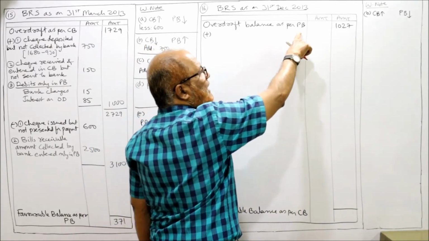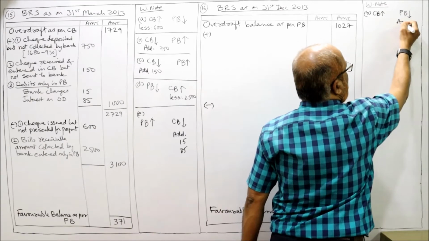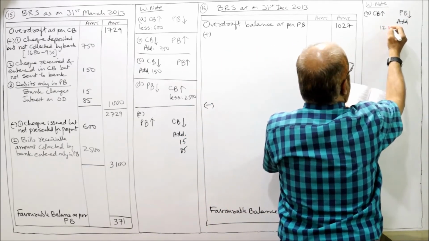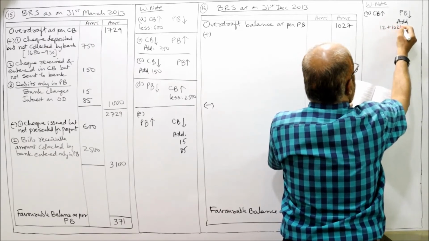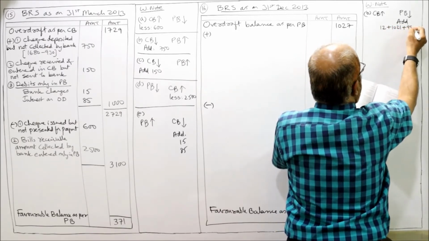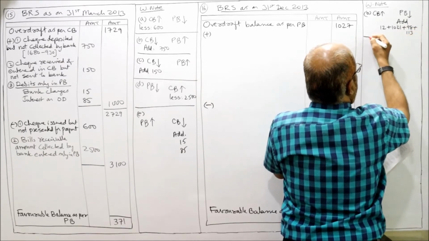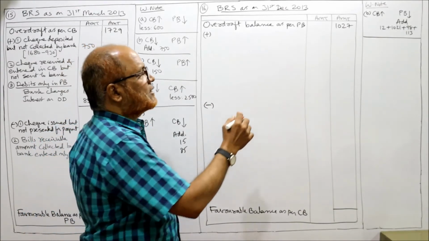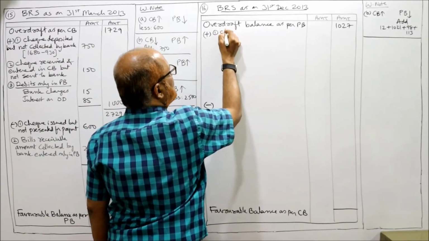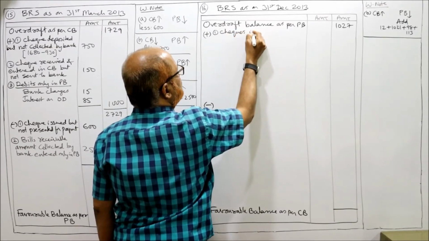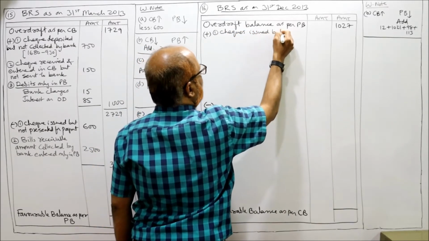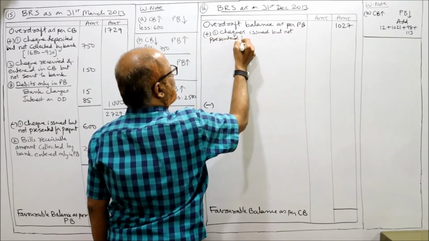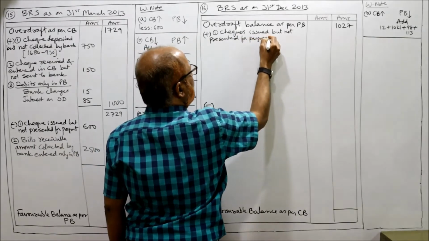Our starting point is passbook. It is showing less balance. So we have to add. How many checks? 4 checks are there. That is 12 rupees plus 1021 plus 98 plus 113. These are the 4 checks issued but not presented. So add items. Number 1, checks issued but not presented for payment.